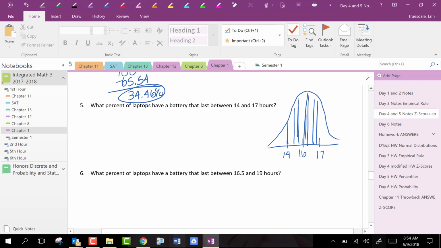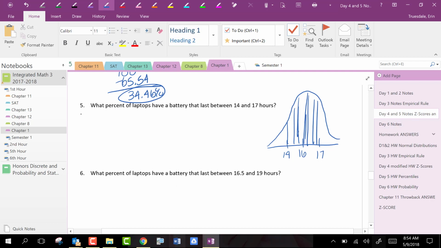Subtract what from it? Remember, the z-score always tells you what's less than it. So if the z-score for less than 17 gives you this whole piece, and I don't want this piece, what would I subtract? Yeah, less than 14. So if I figure out what's less than 17 and then subtract what's less than 14, I'll have what's in between them.